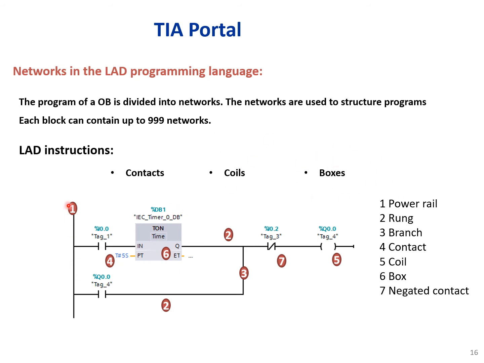So here we have all of that. We have contacts, we have coil, we have box. You can see a power rail, rung, branch, contact, coil, box, and you can see a negated contact.